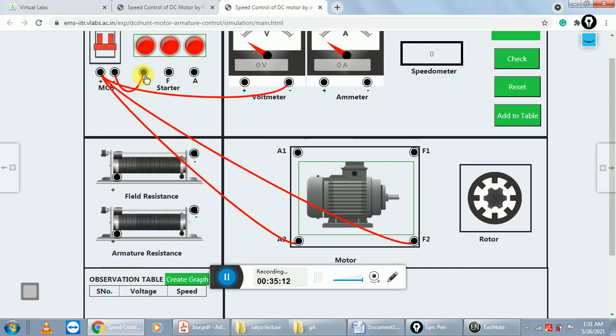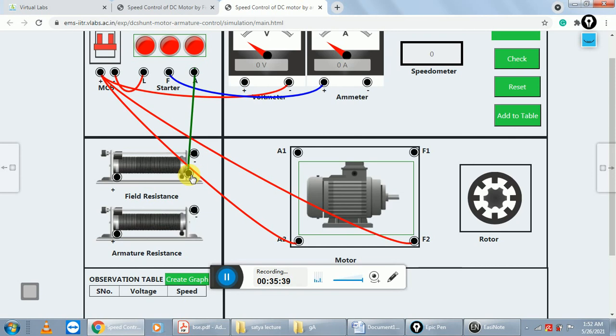Next, connect the F port of the starter to the positive terminal of the ammeter. Next, connect the A port of the starter to the positive terminal of the armature resistance.